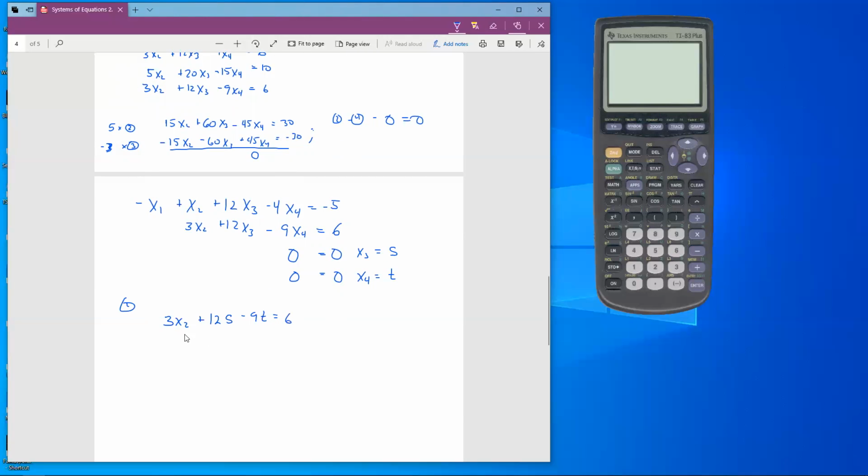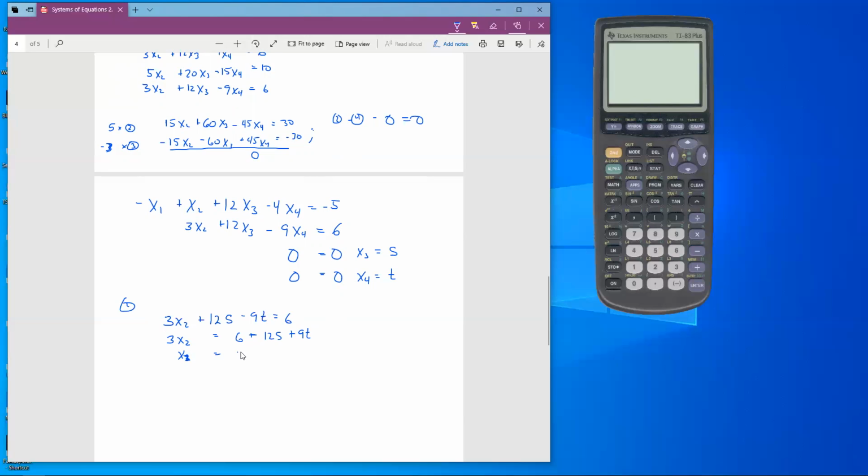So let's go ahead and do that. So we have 3x2 is equal to 6, right? Plus, or we'll do 6 minus 12s plus 9t. When I divide everybody by 3, that's still x2.